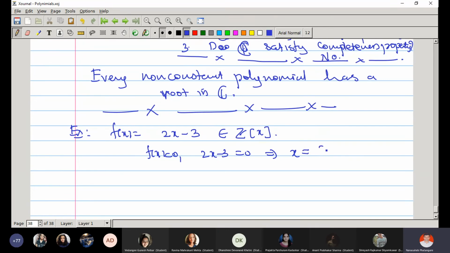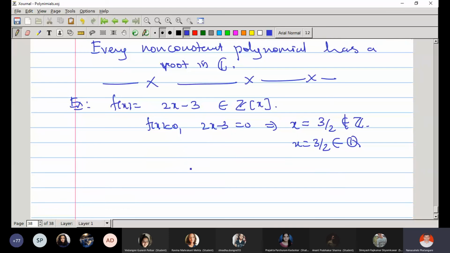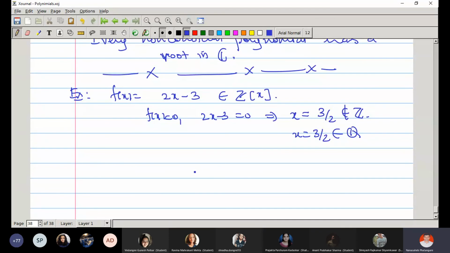It has only one root, right? 3 by 2. But the root is not in Z. Am I right? But the root is in the rationals. This root is a rational. That means if you take a polynomial with integer coefficients, the roots of that polynomial might not be integers. That is the fact actually.